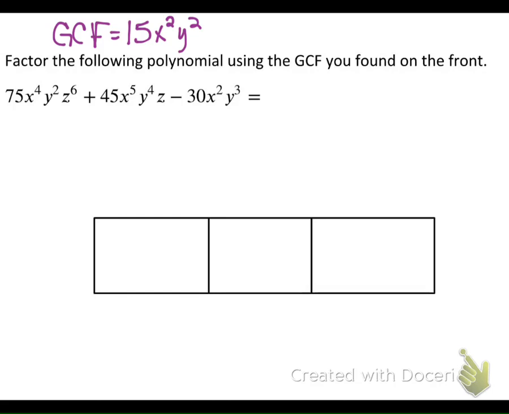Kelly? Yeah, the area of a rectangle. So area of a rectangle equals height times width, right? So when we have the 3 terms like this that don't have parentheses, what do these numbers represent? When the parentheses are not present, what do those numbers represent?